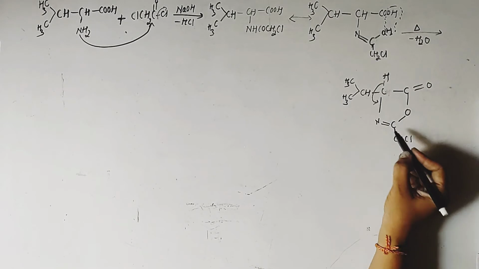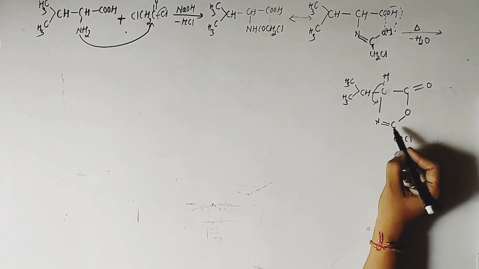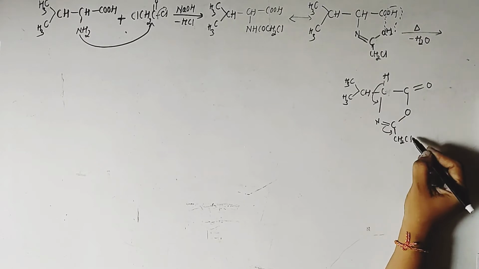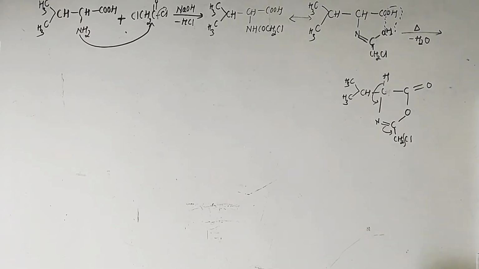As a result, this pi bond will break and move towards here, and the bond between the carbon and chlorine will break here.